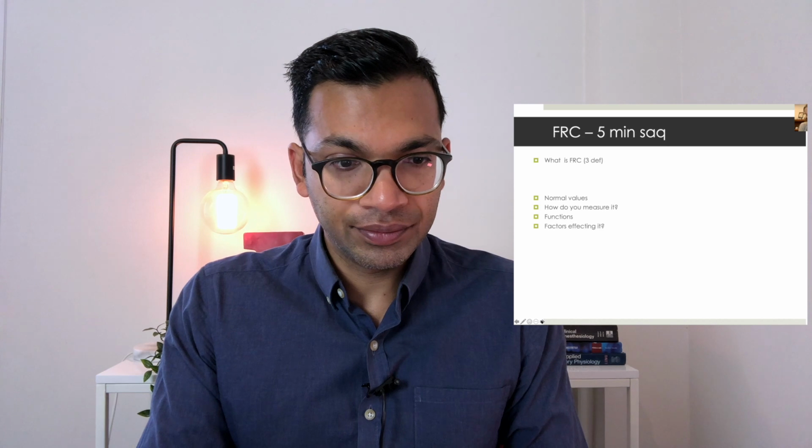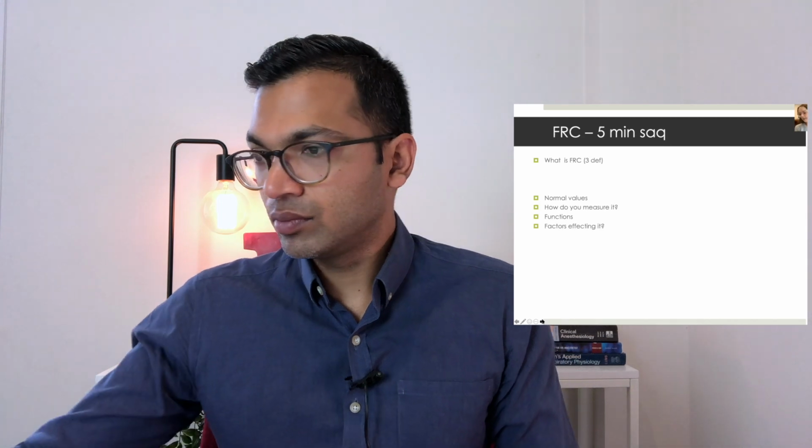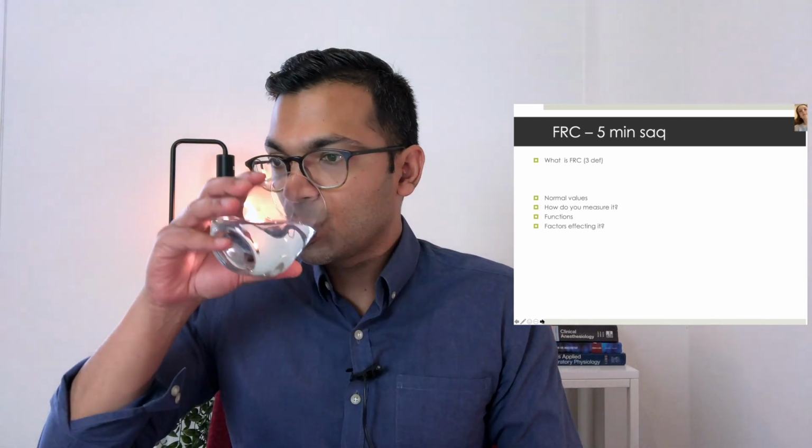And in terms of functions, it's a store of oxygen during apnea, such as during induction of anaesthesia. It maximizes compliance and also minimizes pulmonary vascular resistance and airways resistance at that lung volume, prevents atelectasis, and acts as a buffer of oxygen during normal breathing to maintain constant arterial PaO2.